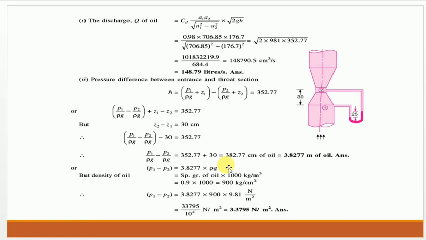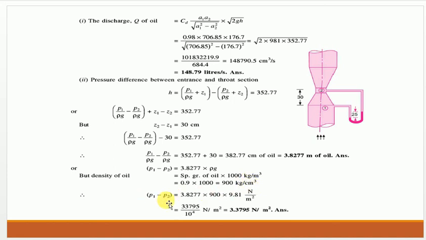So density of fluid is equal to specific gravity into density of standard fluid, which is 0.9 into 1000, where 1000 is the density of water taken as the standard fluid. So it will be equal to 900 kilogram per meter cube.